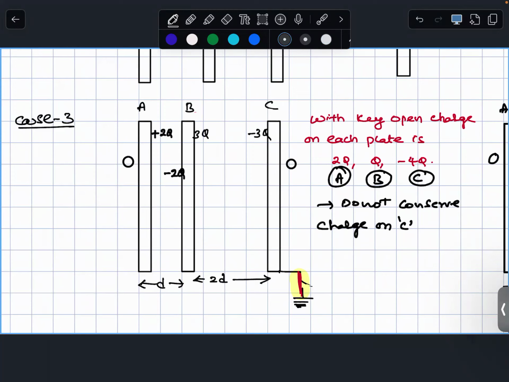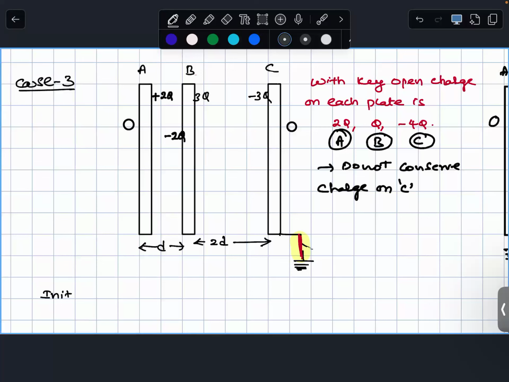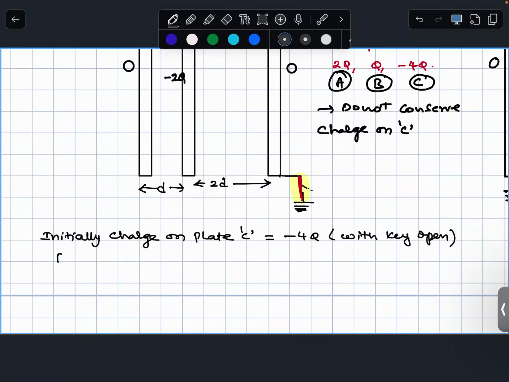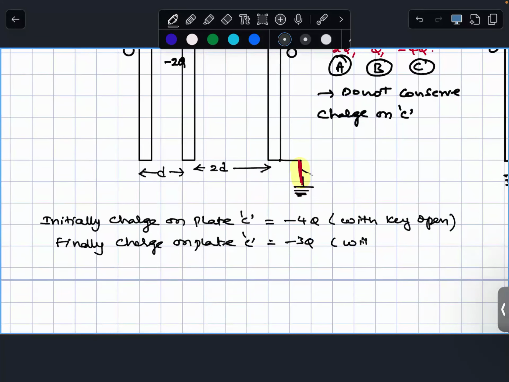Earlier, the charge on plate C is equal to minus 4q with the key open. Finally, the charge on plate C is minus 3q with the key closed.